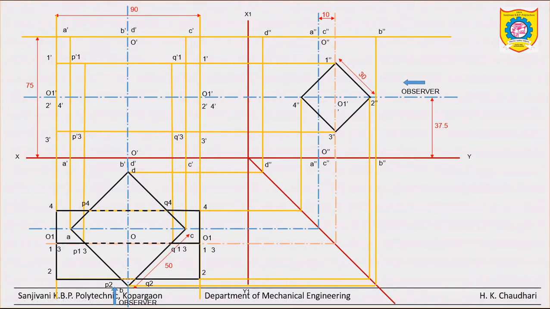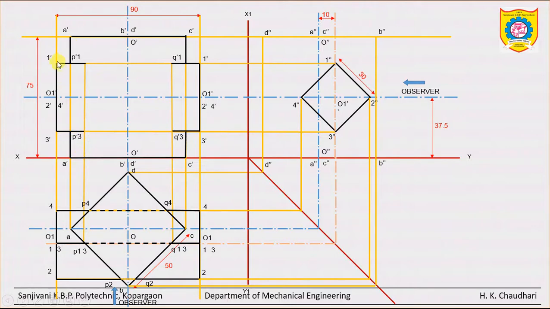Now for the remaining, just see the outline we have drawn here. See again this outline. So these are the lines obtained from no intersection. That means it is the outside.